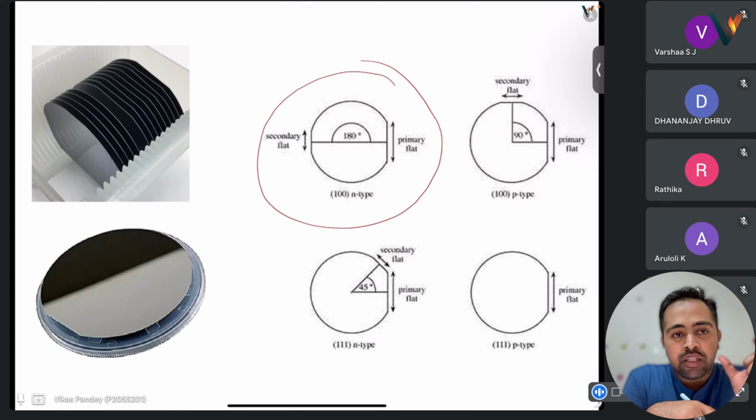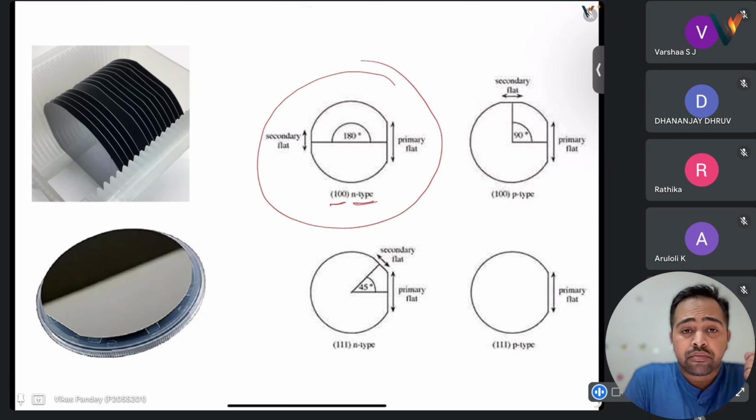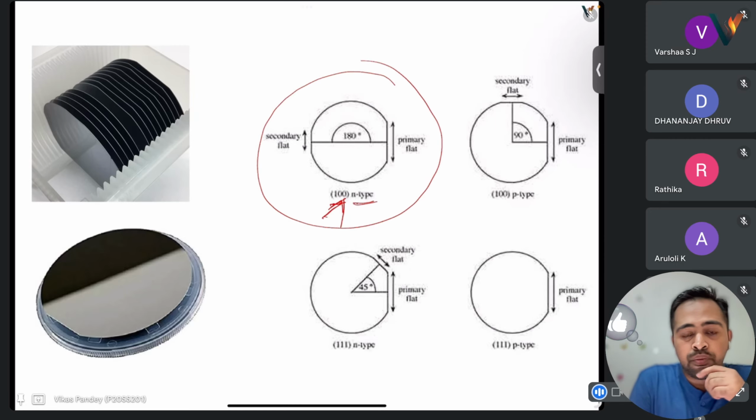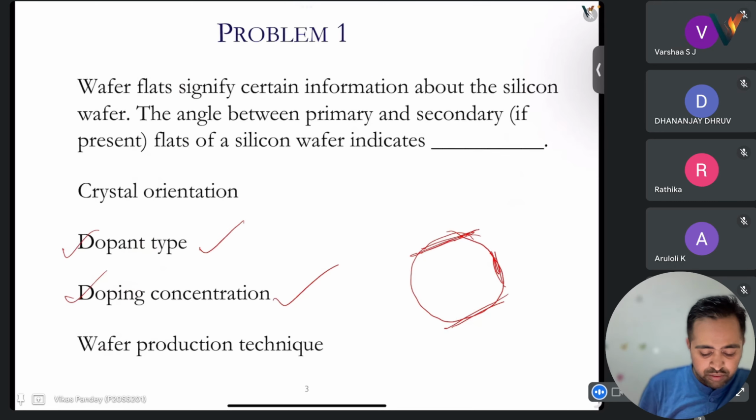Okay, so the cut marks signify, see, if they are opposite to each other, one is a bigger cut mark, one is a smaller cut mark, then it is 100 N type. So you see, it is specifying 100. That is which option? Crystal orientation.